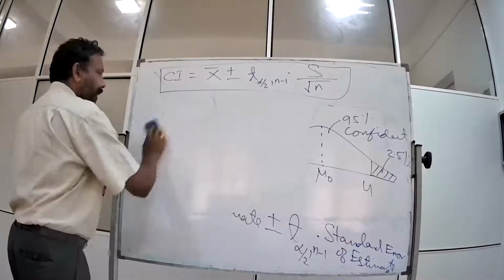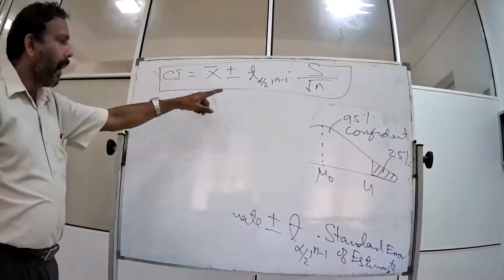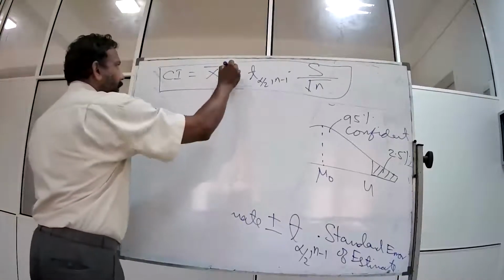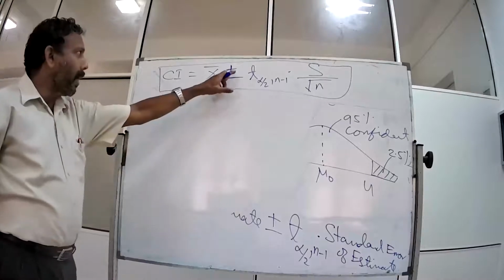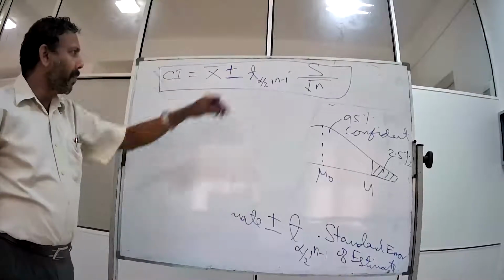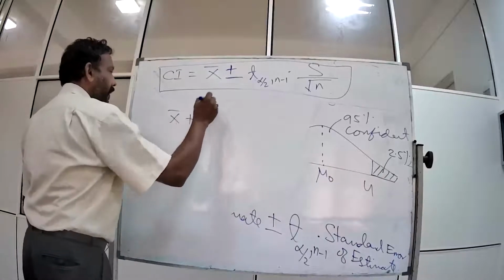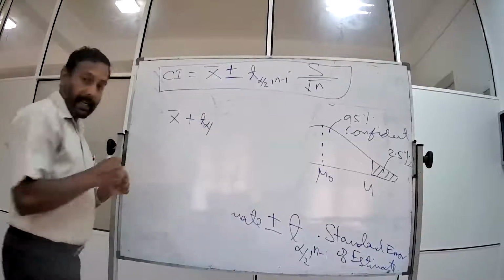So this confidence interval will have an upper limit and a lower limit. You see here we have plus and minus. Upper limit will come with the plus.